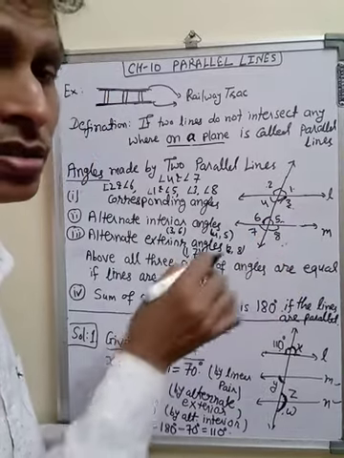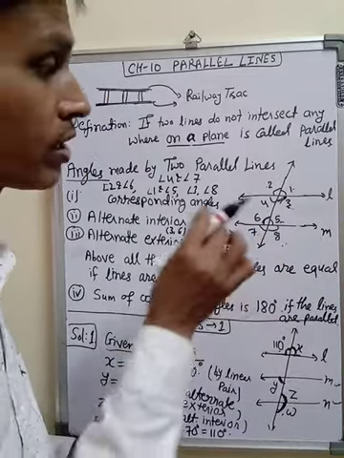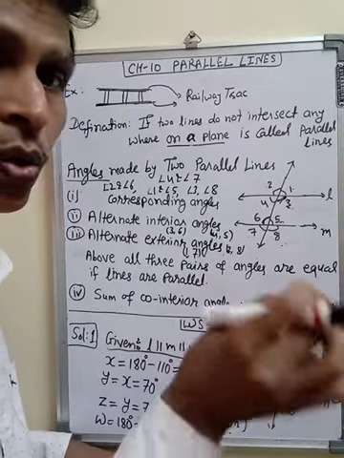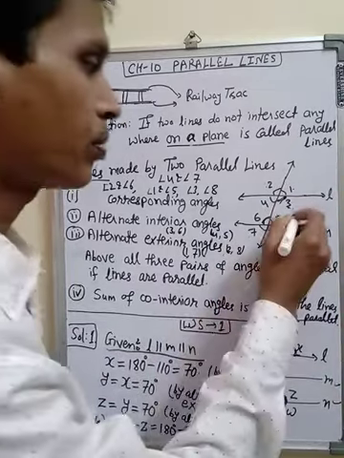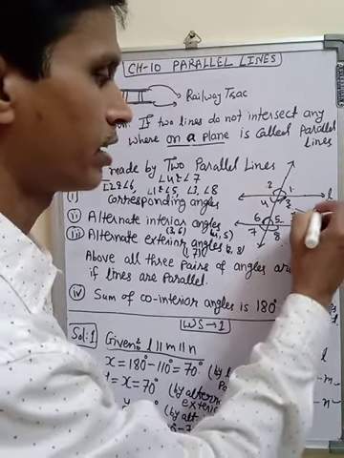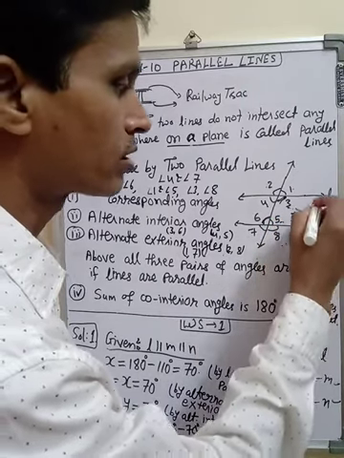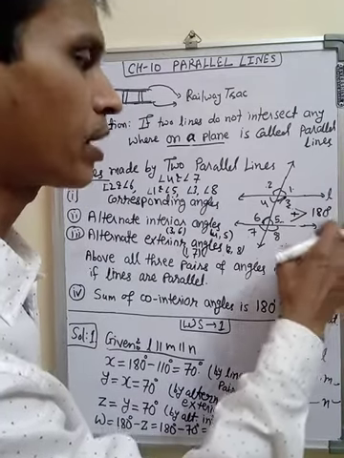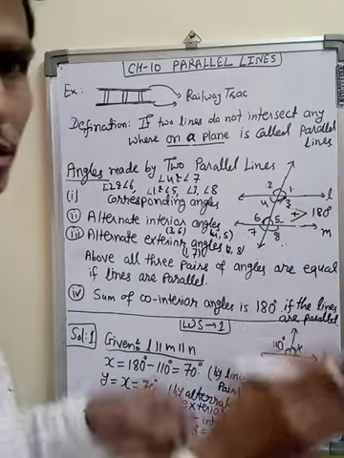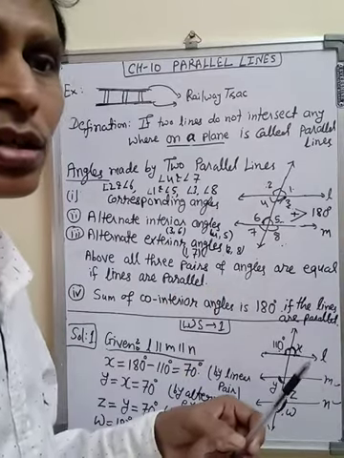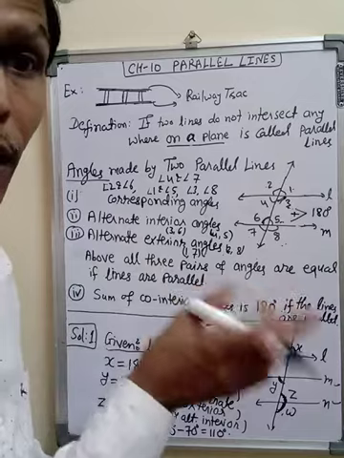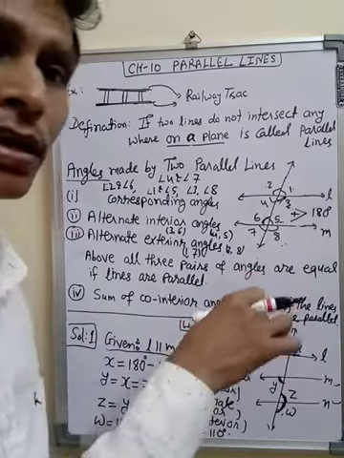What is the name of this pair? Angle 3 and 5 are called co-interior angles. If their sum is 180 degrees, then these lines will be parallel. And if these lines are parallel, then their sum will be 180 degrees. This is the vice versa property. Here also, if these three pairs are equal, the lines will be parallel.